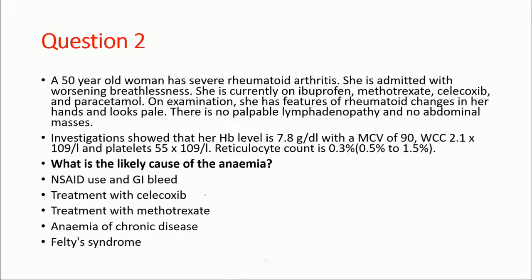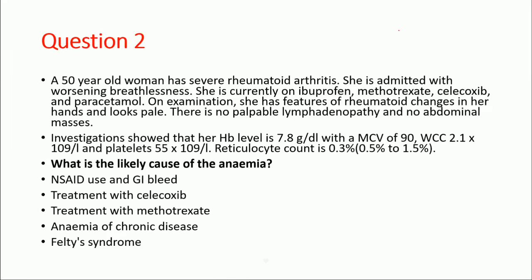So this again is a patient with rheumatoid arthritis with worsening breathlessness, currently on NSAIDs and paracetamol. There is pallor and the hemoglobin is low and the platelets seem to be low, and it's a pancytopenia with a low reticulocyte count. So what does that mean? That there is a bone marrow production problem. When the reticulocyte count, this is actually the index, is low, that means there's a bone marrow production issue.